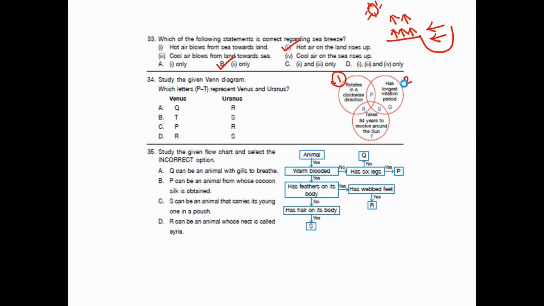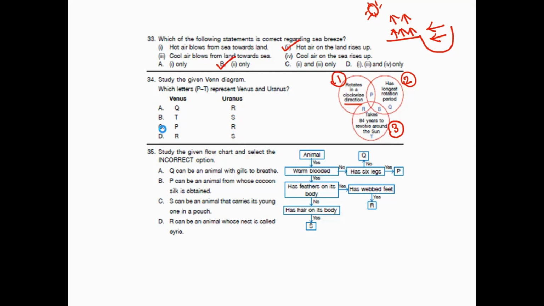The second circle says has longest rotation period, and the third circle of the Venn diagram says it takes 84 years to revolve around the sun, right? So here T can be Venus. Why? Because Venus is the planet that rotates in a clockwise direction, and Venus has the longest rotation period.